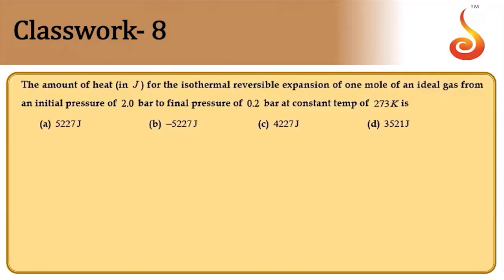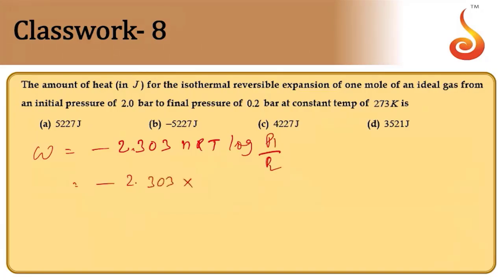So now here we have a formula for work done. Work done is equal to minus 2.303 nRT log of P1 by P2. Substituting, minus 2.303 into, number of moles given is 1 mole. Value of R, let us take it as 8.314.